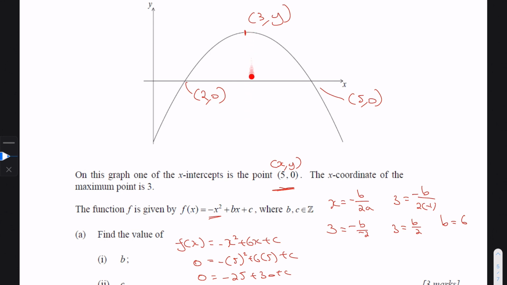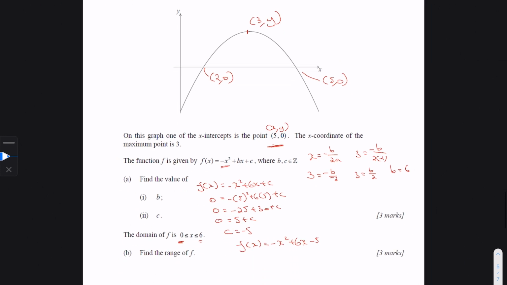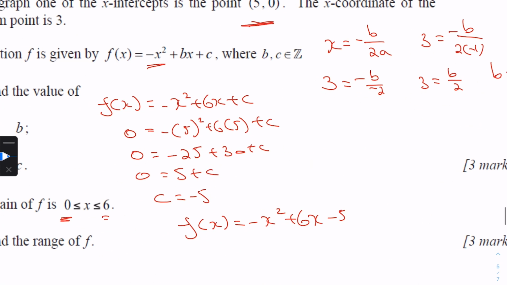Well, we need to work out what this y is. To work out that y, I plug in 3 into the equation. So f of 3 will be minus 3 squared plus 6 times 3 minus 5, which will be minus 9 plus 18 minus 5. So that will be 9 minus 5, which will be 4.